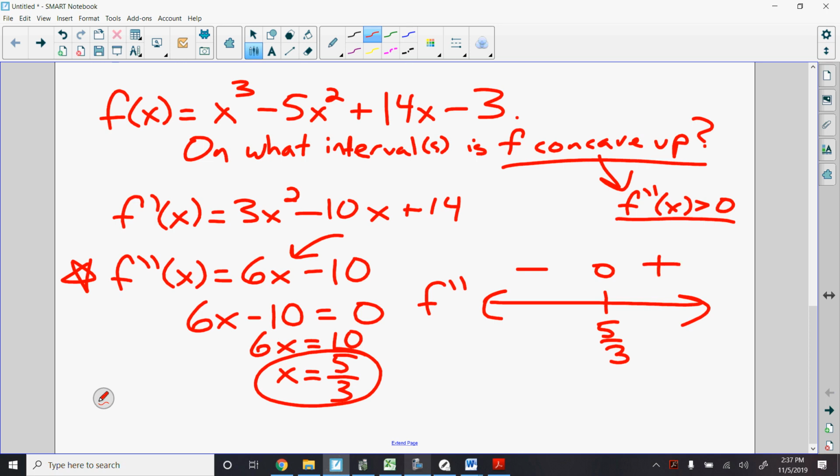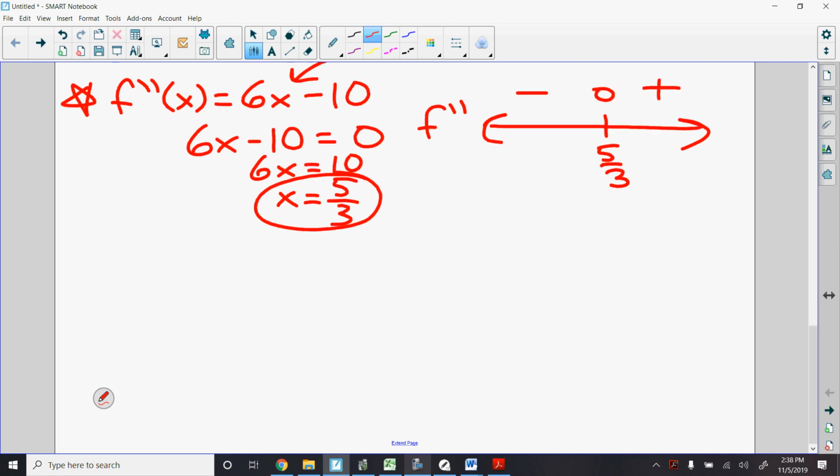Because I wanted concave up, I have to report the positive region of the interval of f double prime of x. So my answer will be: f is concave up on the interval from 5/3 to infinity.